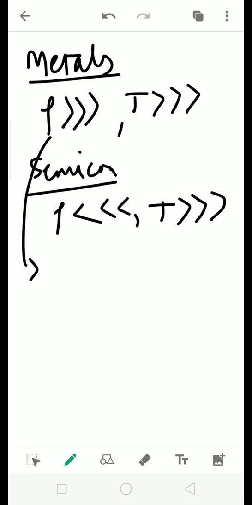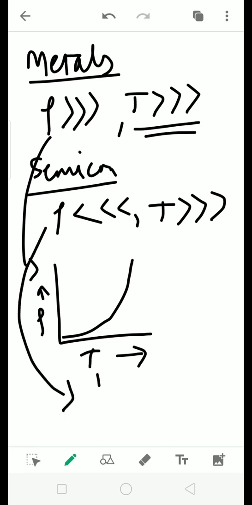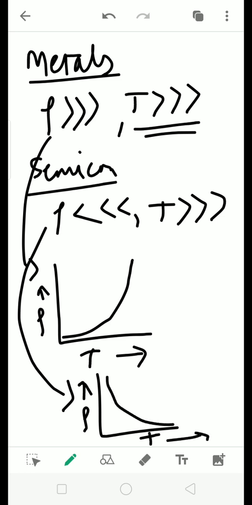The graph for metals will show resistivity increasing with temperature, and for semiconductors, since it is decreasing, it will follow the decreasing graph. And for alloys, a few materials like nichrome, manganese, constantan, they have a weak dependence of resistivity.